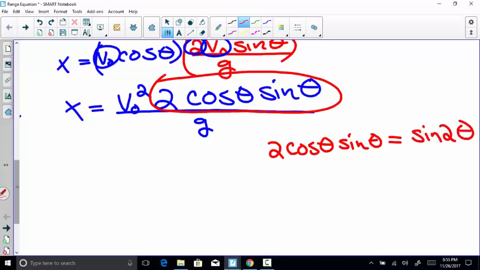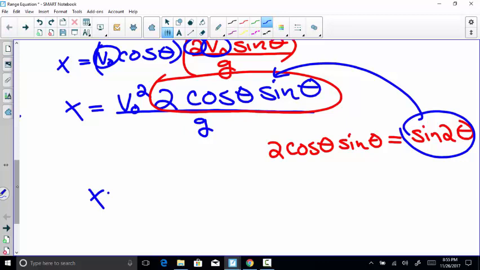I don't really expect you to know that, but I can shorten this equation by replacing all of that with that. So now x equals v initial squared times the sine of 2 theta all over g.